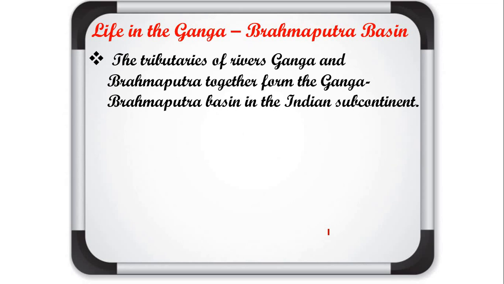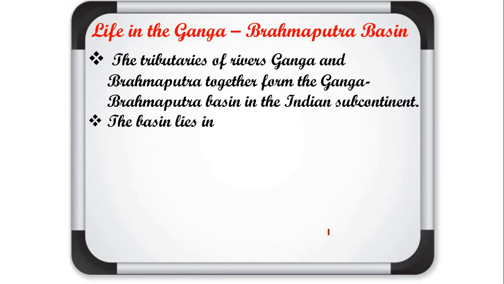Tributaries, yes friends, tributaries means small rivers which join a big river. So all the small rivers which join these two big rivers, Ganga and Brahmaputra, together form the Ganga and Brahmaputra basin. The basin which is formed by these rivers is known as the Ganga and Brahmaputra basin.